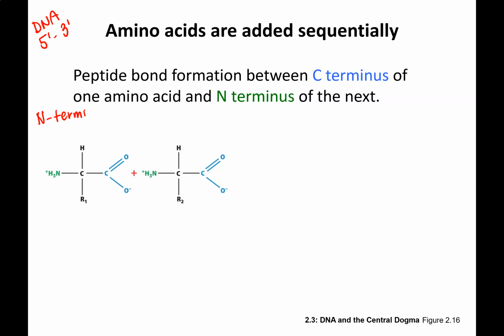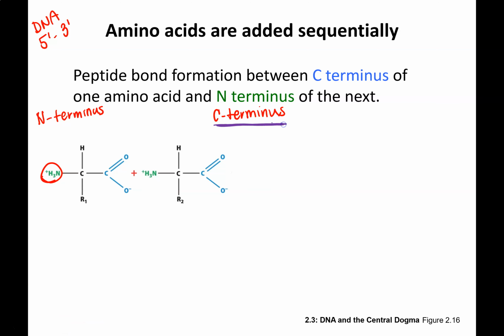All right, as I was saying, amino acids and polypeptides have a direction as well. One end is the N-terminus end, because we have a free nitrogen. The other is the C-terminus, because we have a free carbon end. Now, just like DNA is always added at a particular location, we are also always going to add our amino acid at a specific location.